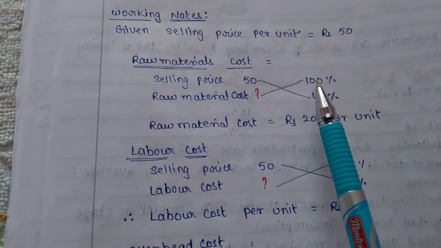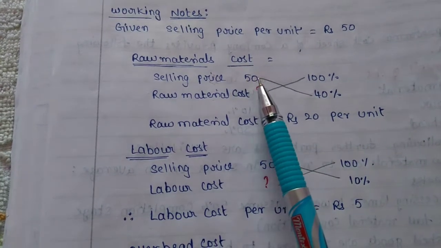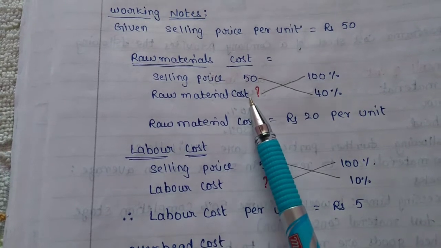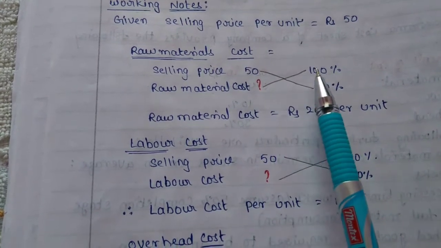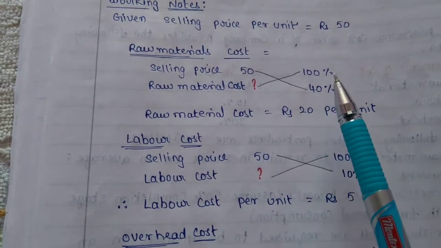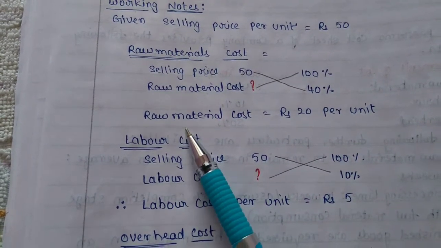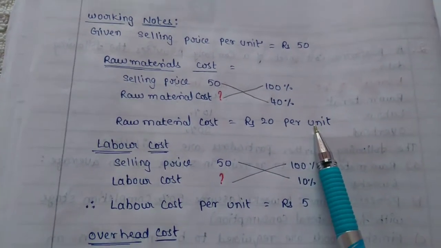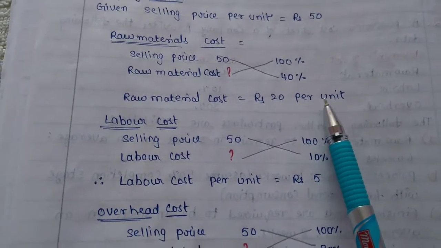See here, at 100% the selling price is 50. At 40%, what is the raw material cost? If you make the cross multiplication, that is 50 into 40 divided by 100, that is equal to raw material cost of rupees 20 per unit.